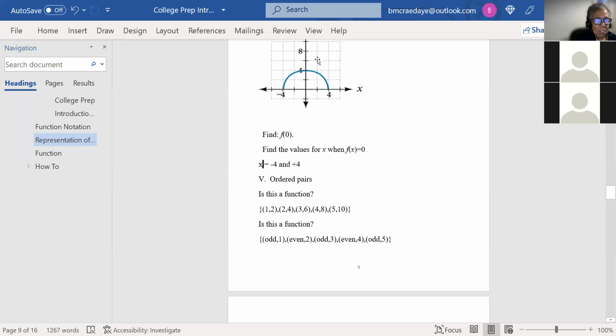What's the value of X? 2. No, 3. Well, we just see a 4. It could be a 2. Okay, we'll say a 2.